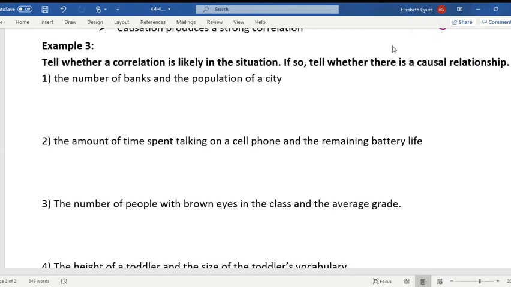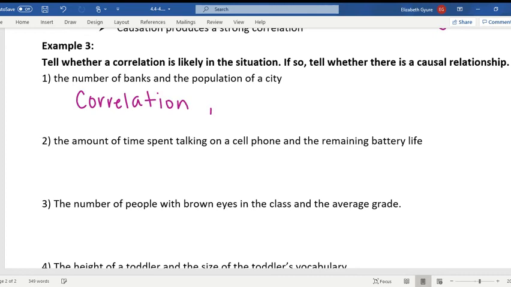So example 3 says, tell whether a correlation is likely in the situation. If so, tell whether there is a causal relationship. That means first we're going to decide, is a relationship possible? Then we're going to decide, does one actually make the other happen? So the number of banks and the population of a city, do you think that could have a relationship? Yes, I would say for sure. This could definitely have a correlation.